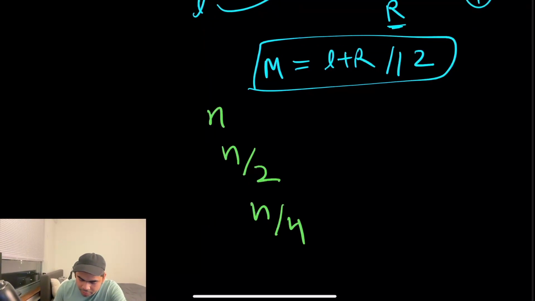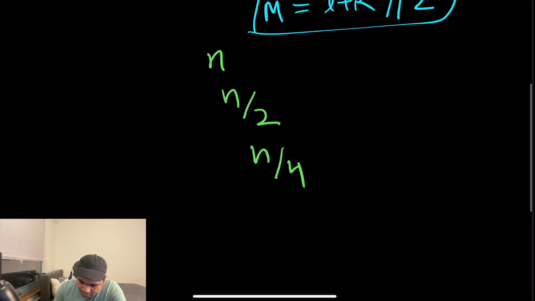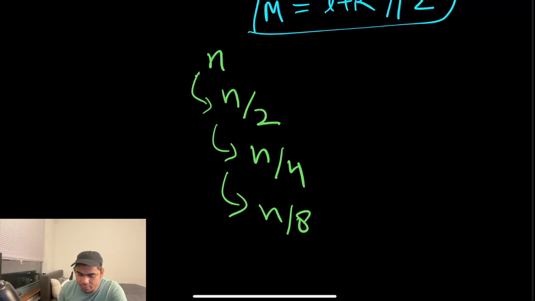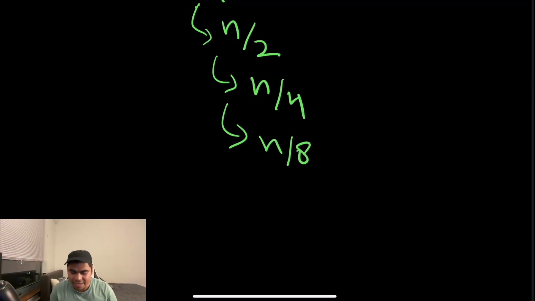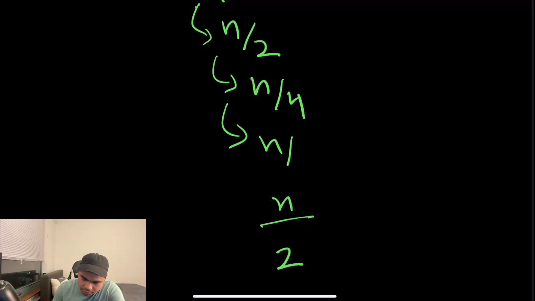Later it will become n by 4 and then n by 8. Each time it's just getting halved; we're dividing it by 2 again and again. So dividing by 2 reaches n by 2, n by 4, n by 8, which is n by 2 to the power 3 if we write it in terms of exponents.